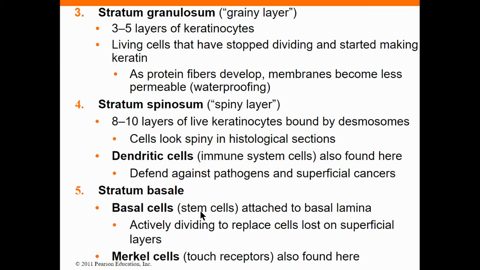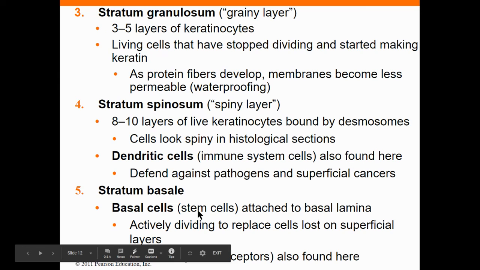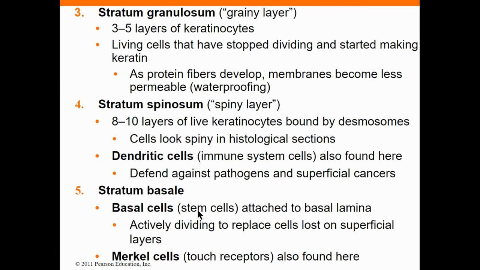So they start at the base, they start at the bottom of the epidermis in stratum basal, and then they get pushed up as new cells are being made on the basal lamina. And then this is where your Merkel cells or your touch receptors are found here as well. When we start talking about melanocytes, which is the type of cell that creates pigment, melanin to make your skin colored, different colors, they'll be in this stratum basal as well.